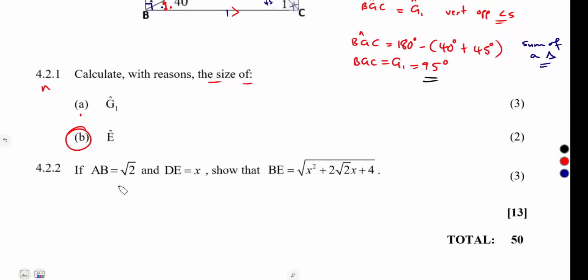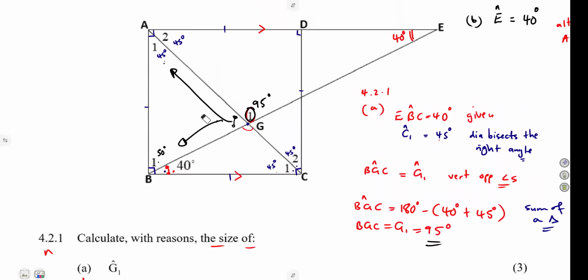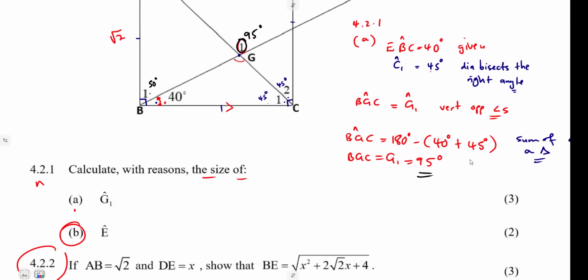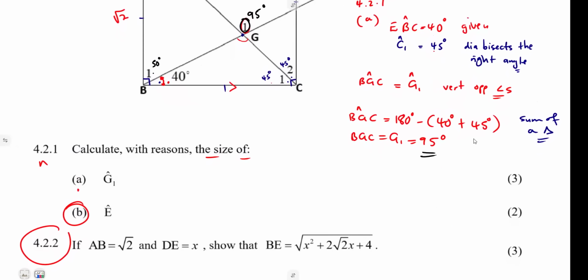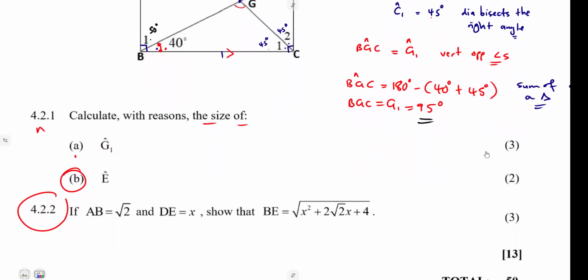All right, then the last one was 4.22. If AB is square root of 2, and DE is equal to x, from D to E. Then what are we supposed to prove here?